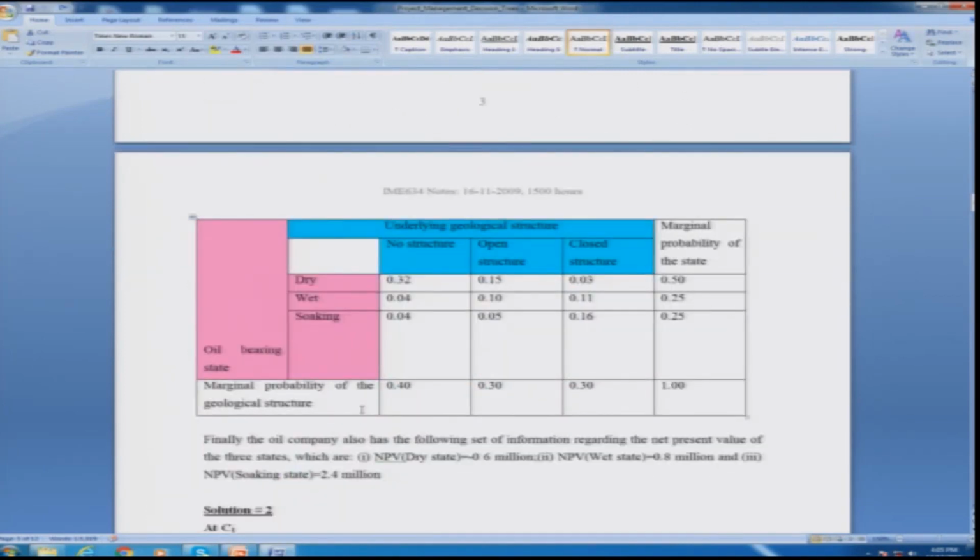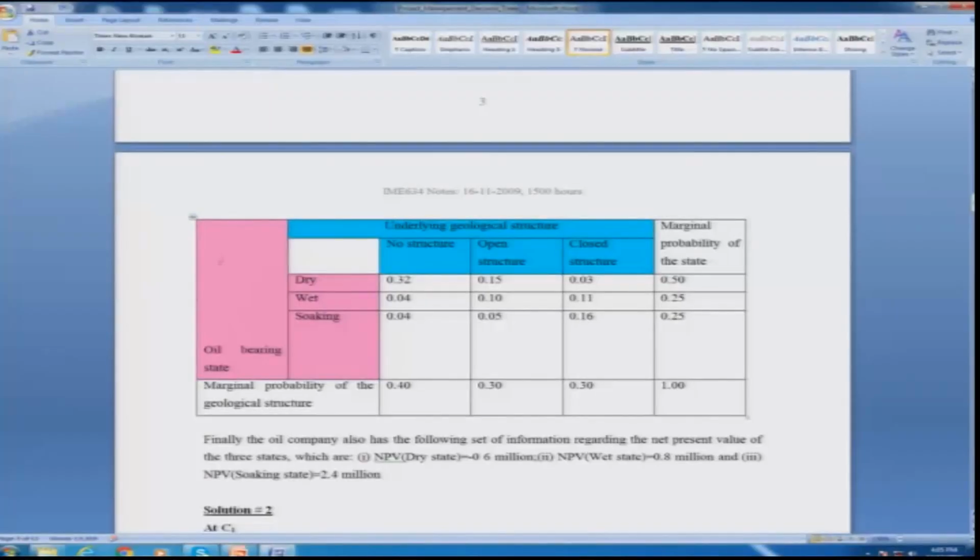So, this is where slowly complications will come, but it will definitely give you a very good idea how the problem can be solved. So, this pink one which you see are the oil bearing states, dry, wet, soaking as I have already mentioned, and if you remember dry was 50%, see the value on the rightmost column, wet was 25%, soaking was 25%. So, these add up to 1. If I consider the underlying geological structure which is in the blue color, there is no structure, open structure, closed structure.